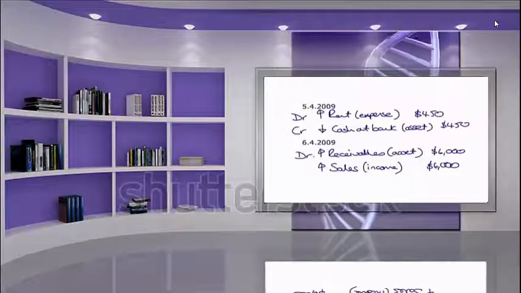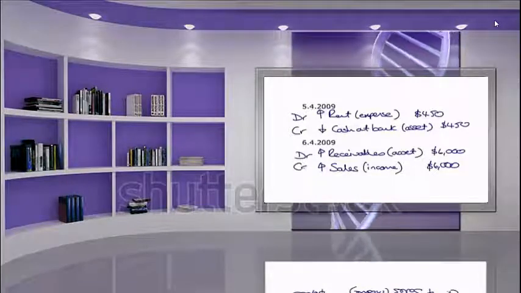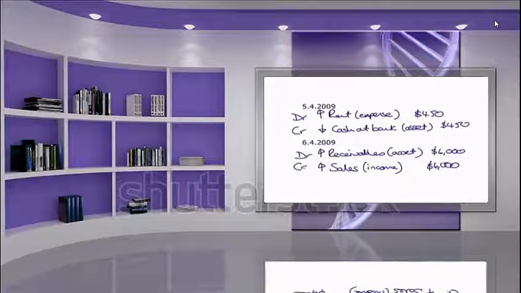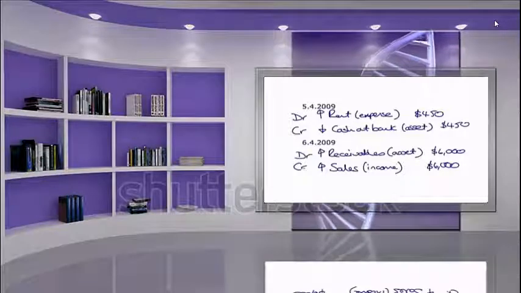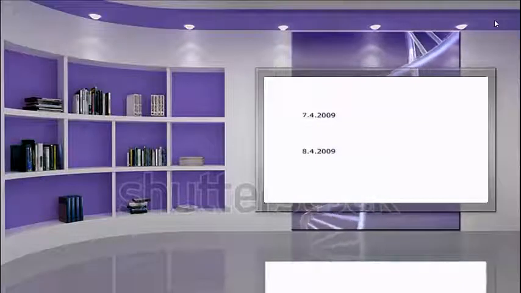Which means then that the increase in sales must be the corresponding credit entry. Okay, so that's our 6th transaction dealt with. Nearly there, only 2 left to do. Let's have a look at transaction number 7.